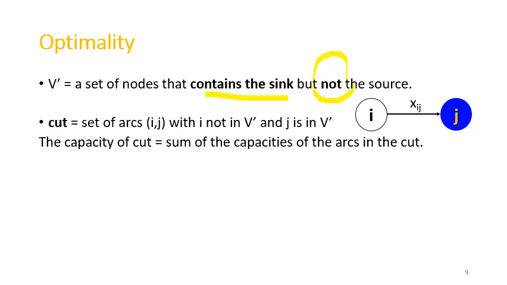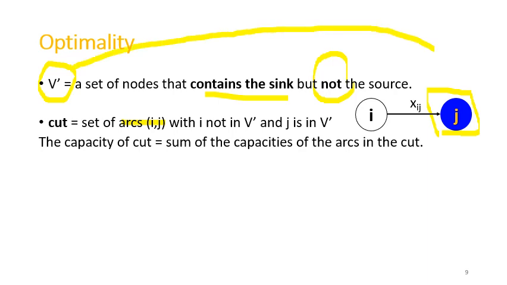And the cut, the small cut, is the set of all arcs ij with i not in V prime, but j is in V prime. So j is one of the nodes that we selected to be inside the set V prime.